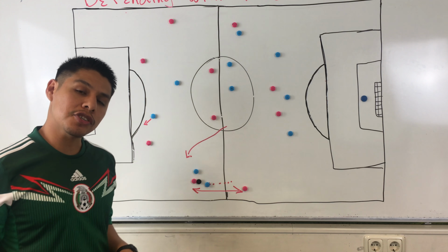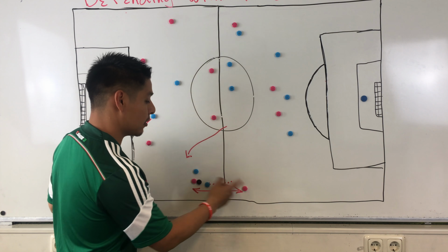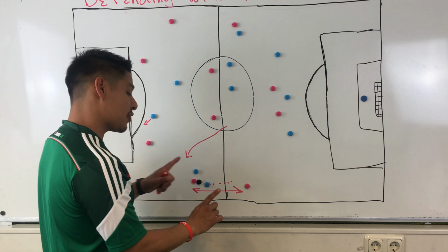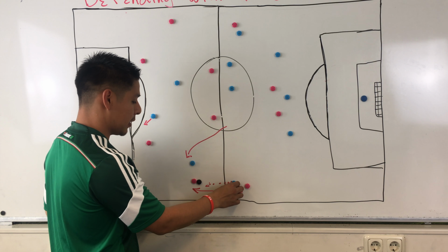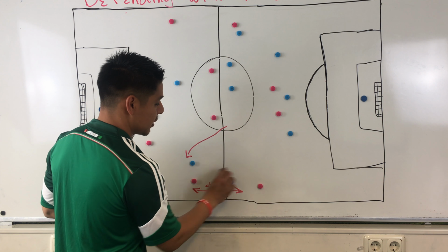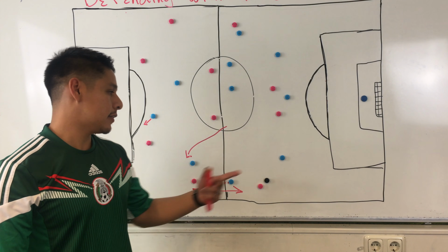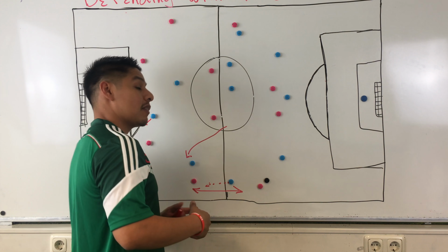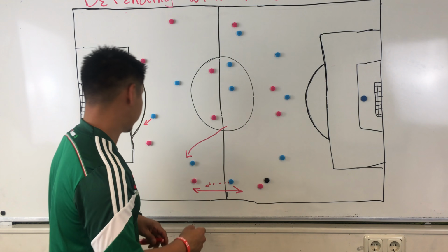With that pressure and that much speed and intensity, it would be difficult for this player to get the ball to the right midfielder. Although that could happen if the timing is not right. Let's say this player comes, but this player thinks about it and has a delay, then that would be enough time to hit a ball over, and then we would need our left center back to defend that for us, and that is not exactly what we want. We want the timing to be right so that we can win the ball on the outside there.